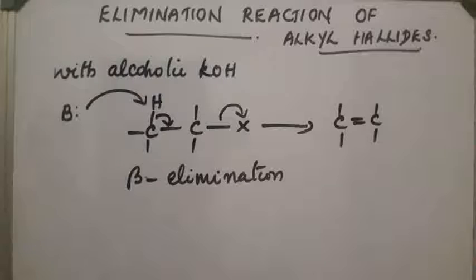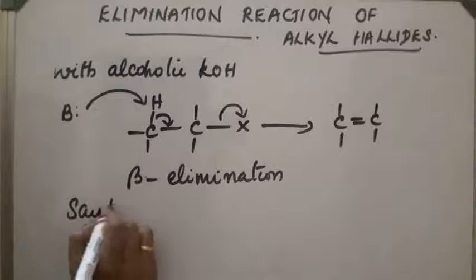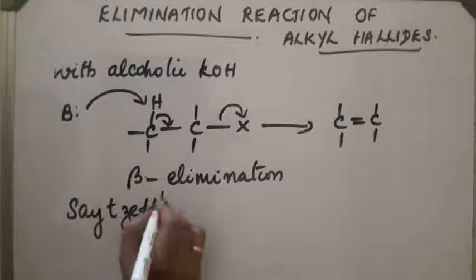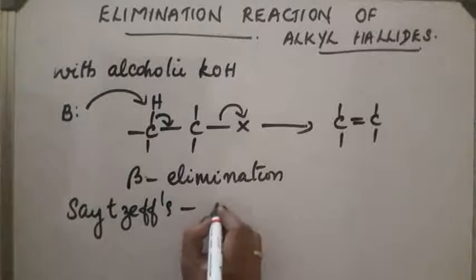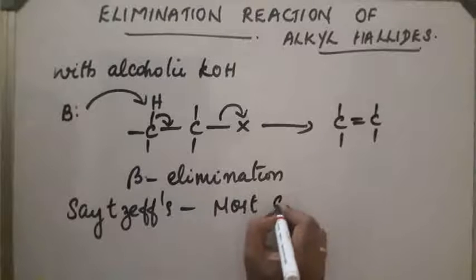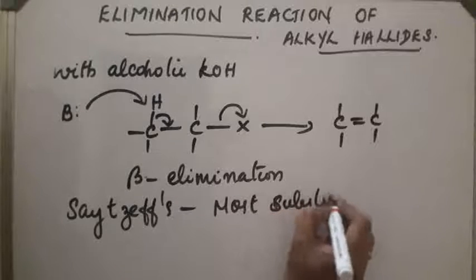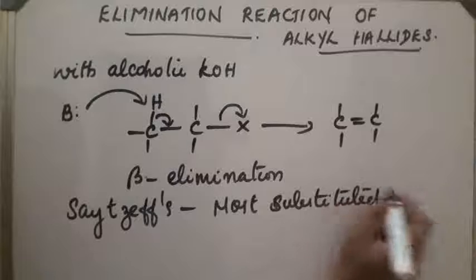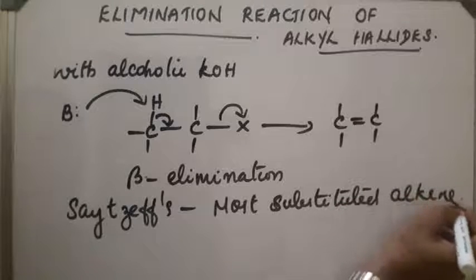According to Saytzeff's rule, the major product will be the most substituted alkene, that is, the one where the double bond carbon contains more alkyl groups.